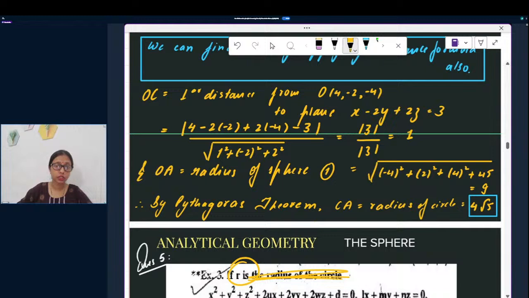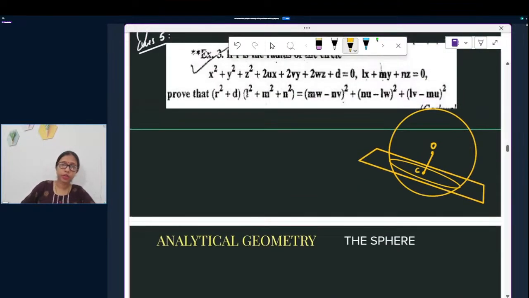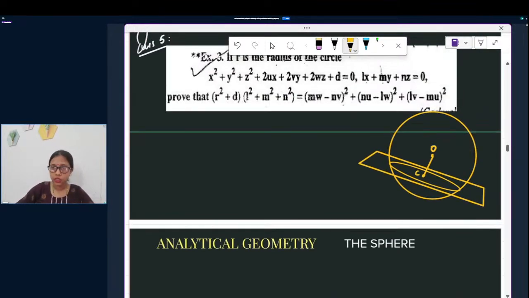I have to find the radius. The radius I can find directly from here. OC is the perpendicular distance, O is the center, and the radius of the sphere. So from O to C, what is the perpendicular distance? This is the given sphere and this is a plane.